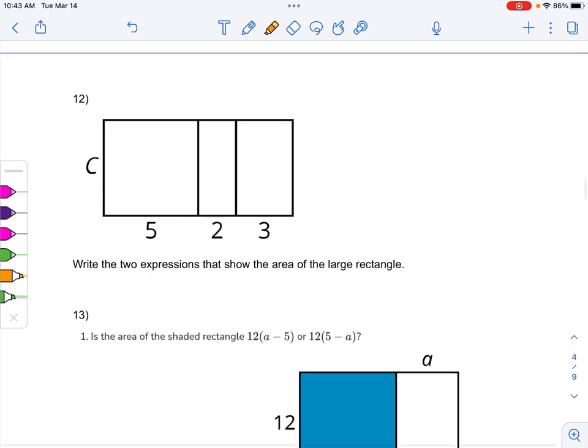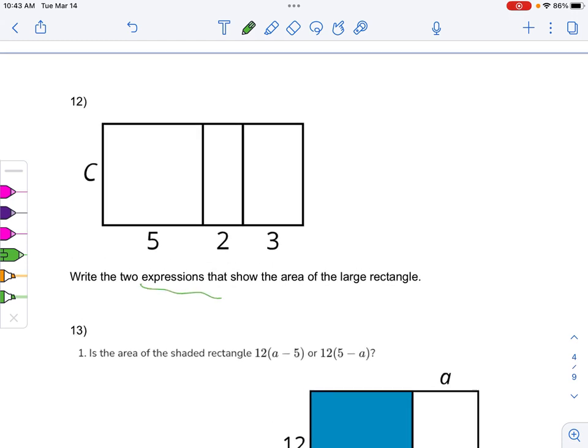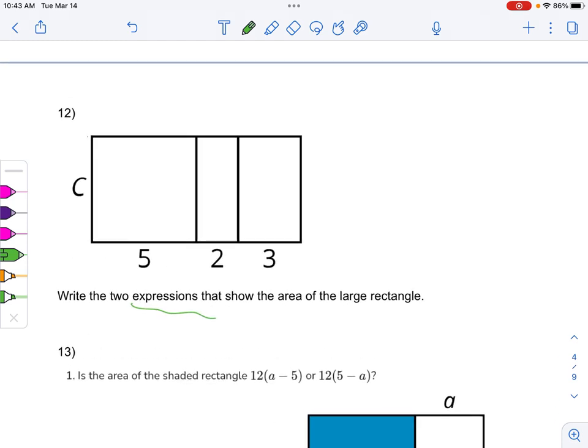Well, let's keep practicing. This is all called the distributive property, and we're using area models to represent it, to help us see it a little better. So write 2 expressions. All right, this is going to be length times width stuff. So C times, I got my 5 plus my 2. Oh, my handwriting's a little bumpy here.